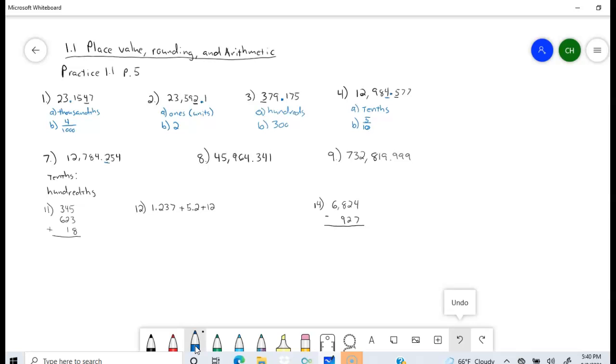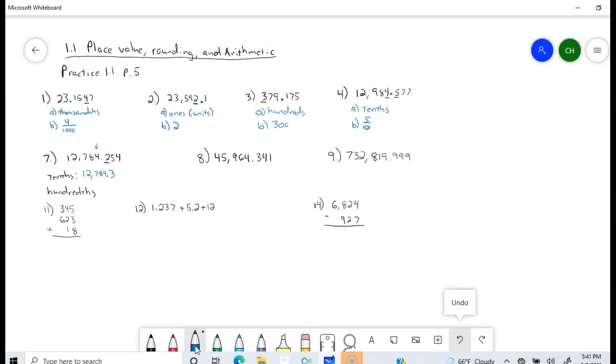That's my ones and then tenths. This is the one I'm looking for. So I'm going to round 12,784 point, and I'm going to go immediately to the right. It's a 5, so that rounds up to a 3. So it's going to become a 3.